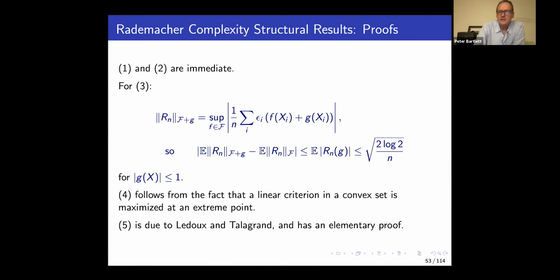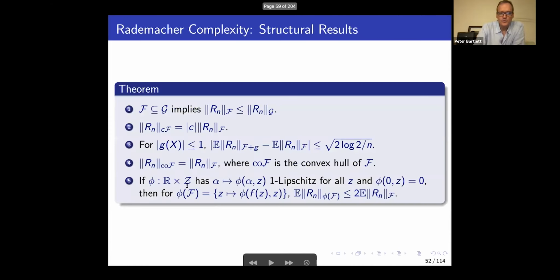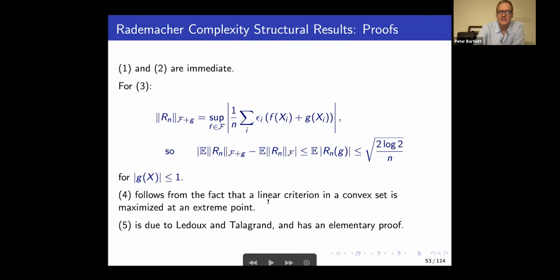And the fact that we can take the convex hull without paying any price in the Rademacher complexity is because we're maximizing a linear criterion here, and doing that in a convex set, we're always maximizing it at an extreme point, which will be one of the generators, one of the functions in F. So the convex hull is certainly a bigger class of functions, but it doesn't have a bigger value of the Rademacher complexity for that reason.